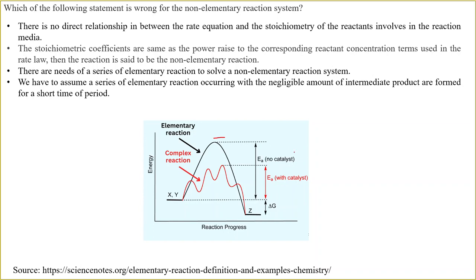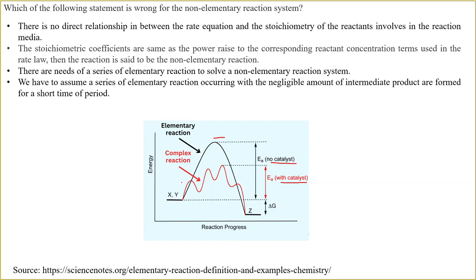Here, this reaction is occurring without a catalyst. You can ignore the catalyst part because it can happen either with or without a catalyst. That is a different thing, but that will be your elementary reaction. In a non-elementary reaction, your reaction proceeds with the formation of multiple intermediate complexes.